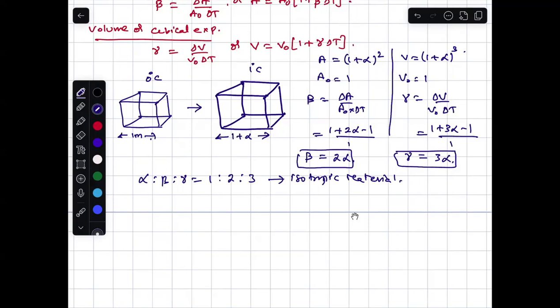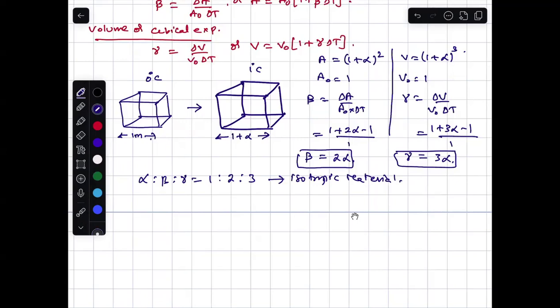For example, if some other material is having different alpha x, alpha y, and alpha z in 3 different dimensions, beta is written as alpha x plus alpha y plus alpha z in that case, approximately. But basically, we will deal with isotropic materials.